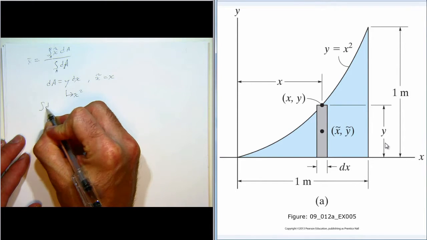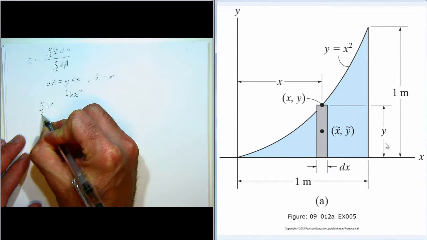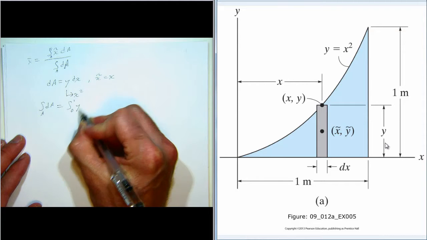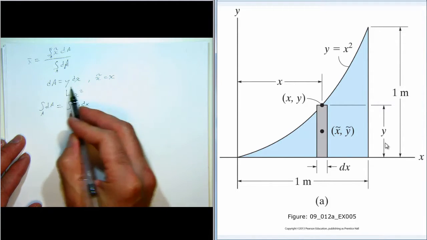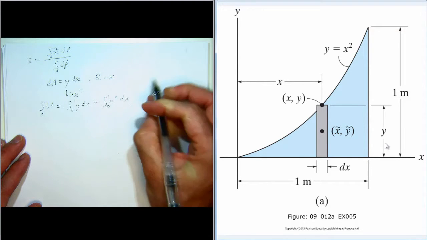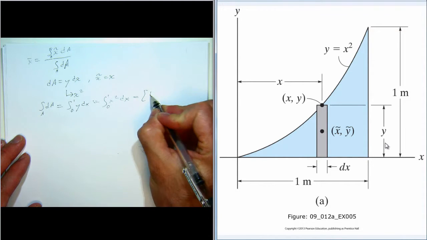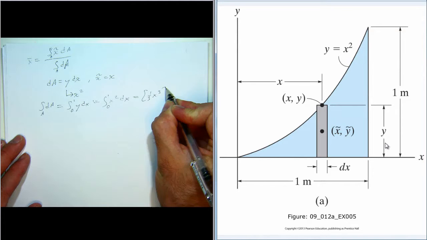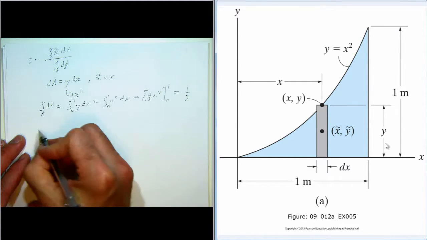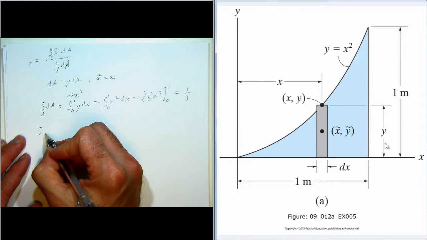So the integral of dA over the area is from 0 to 1 y dx, so that's dA, but then that's 0 to 1 of x squared dx, which is one-third.